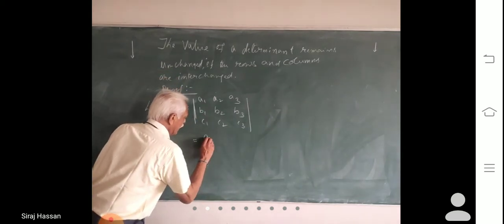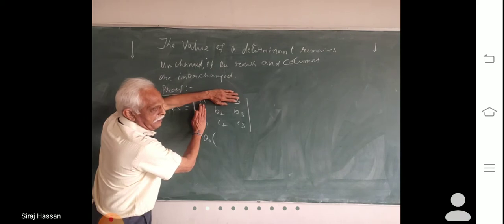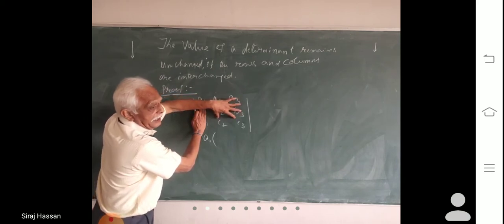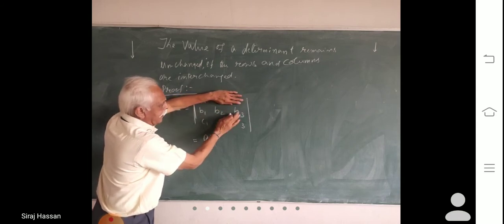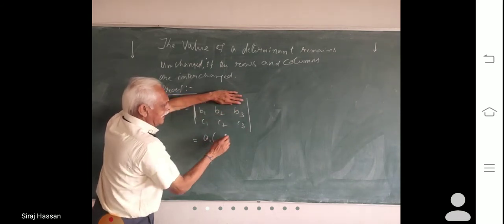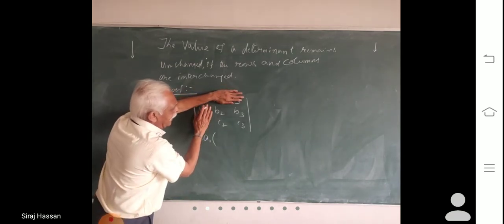Now, A1 into, eliminating this row and the column, you are getting one second order determinant. Isn't it? What you are getting? B2, B3, C2, C3. If you expand that one, what you will be getting?